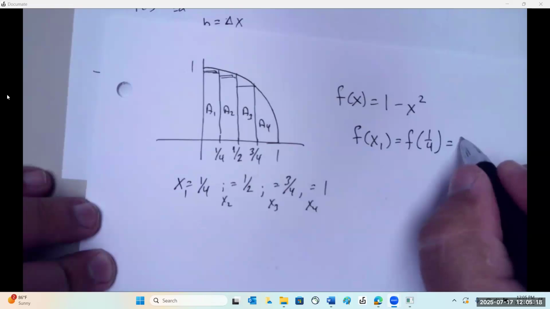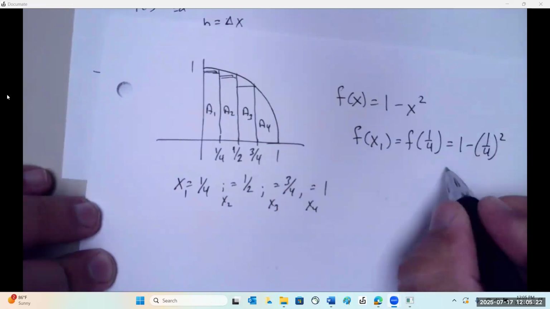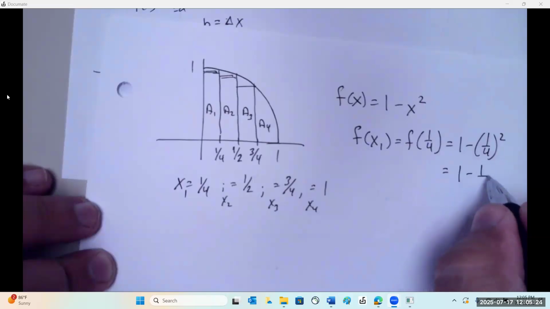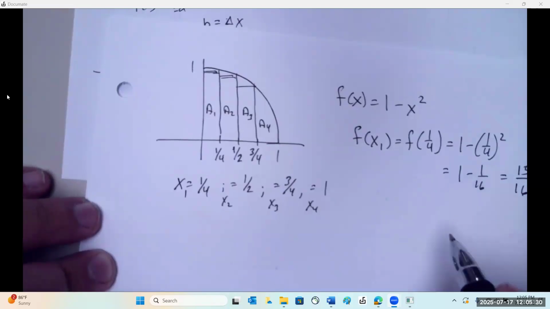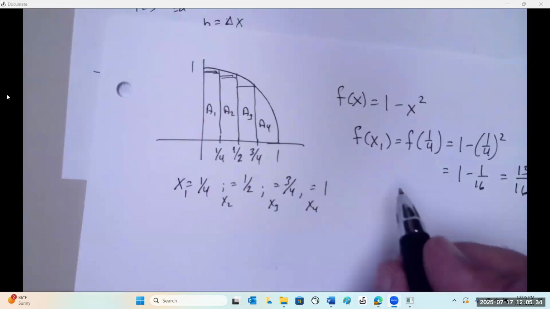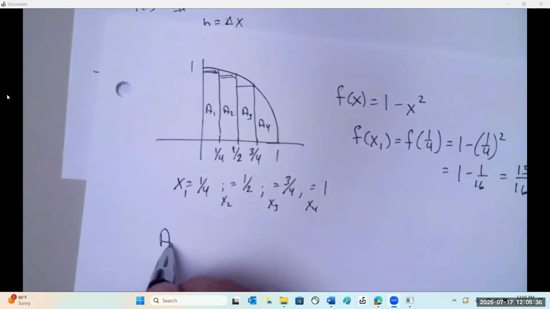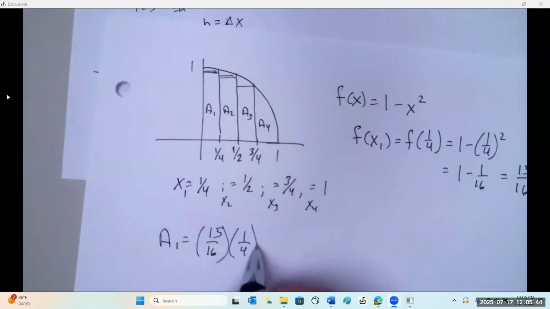So at 1/4, we have 1 minus 1/4 squared, 1 minus 1/16 is equal to 15/16. So area 1 is: the height is 15/16 and the width is 1/4.